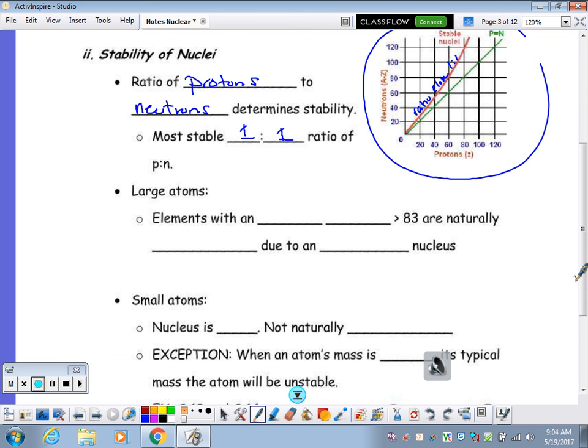Large atoms, heavy atoms, elements with an atomic number greater than 83, are naturally radioactive due to an unstable nucleus. There are too many neutrons in the nucleus.